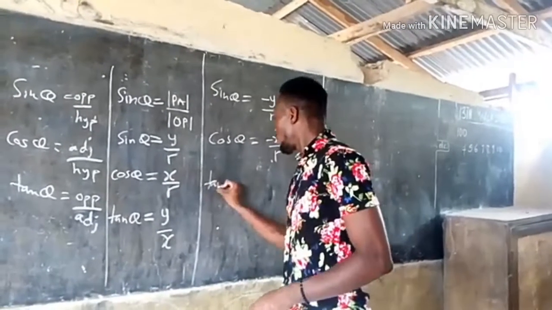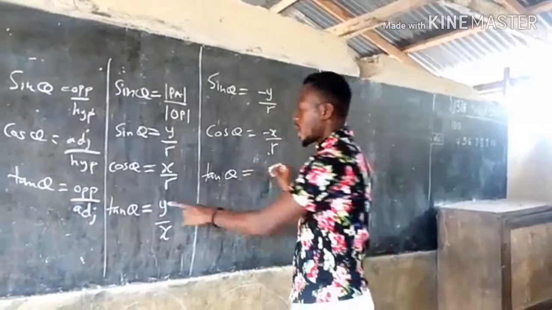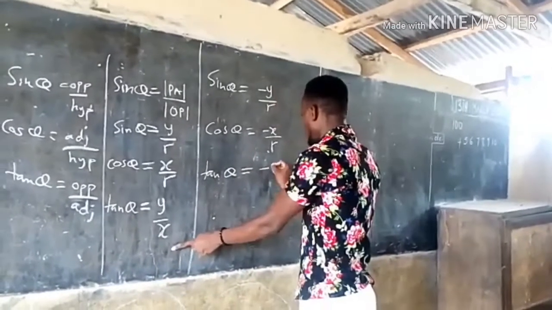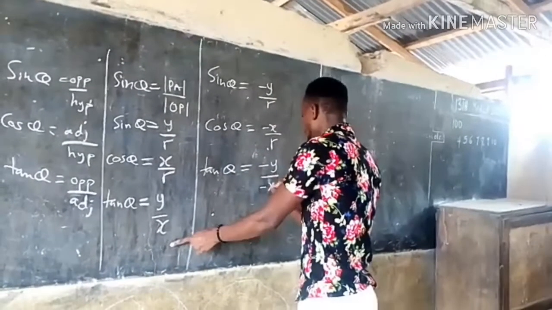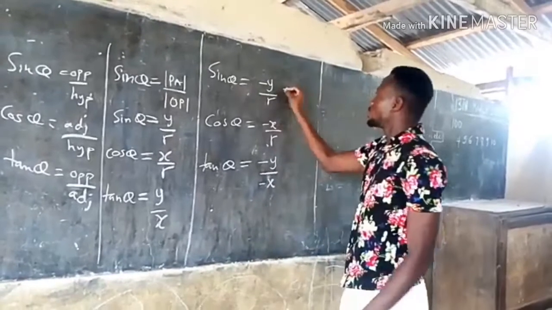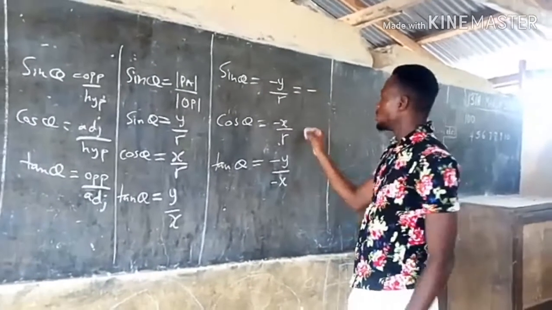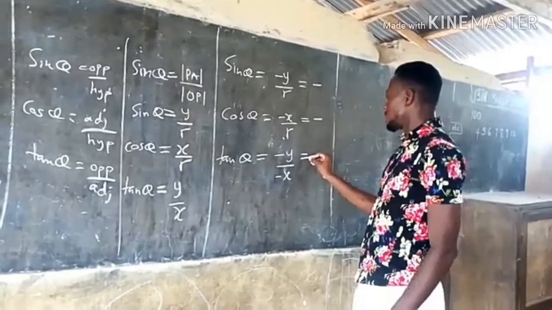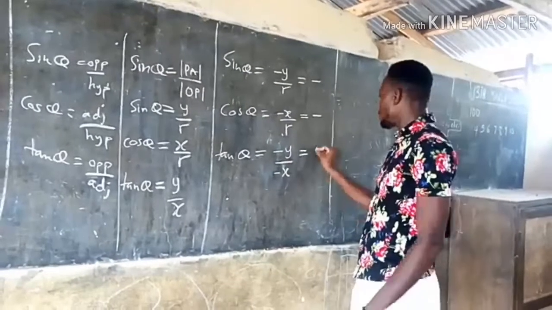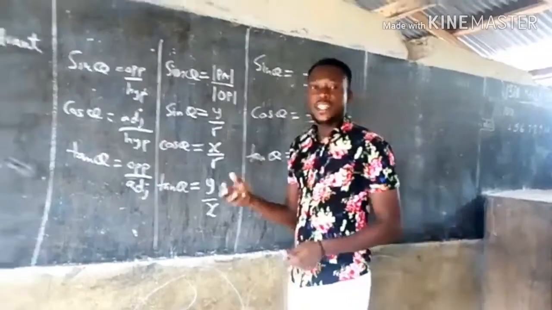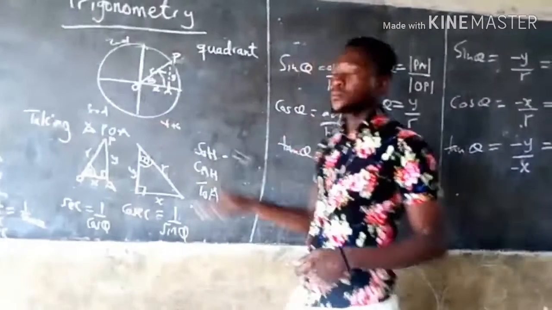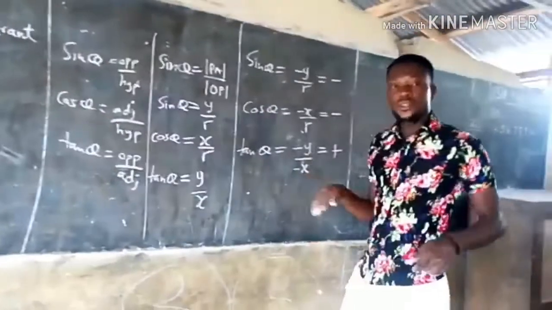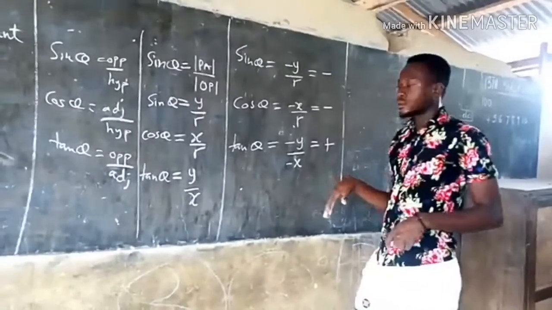Then for tan theta, we have y over x. The y is negative, x is also negative. So this will give us a negative value. This also gives us a negative value. And the negatives will cancel. You get positive.